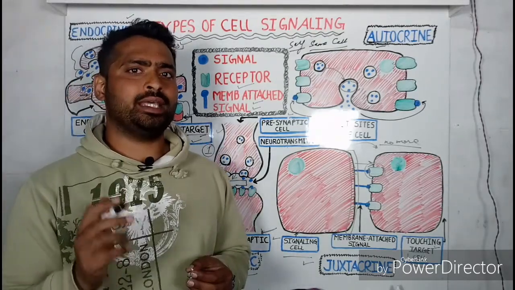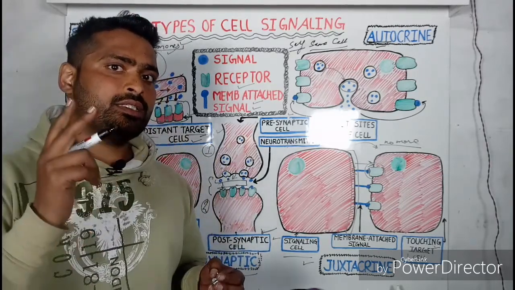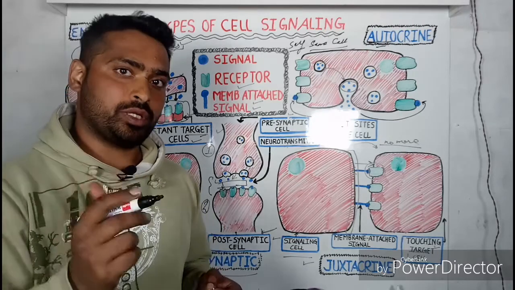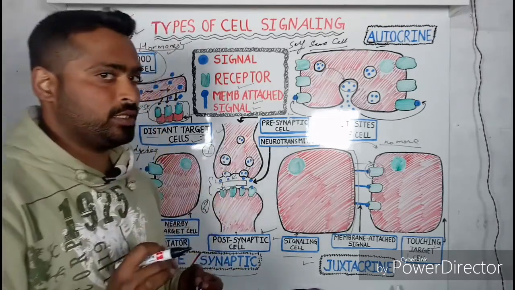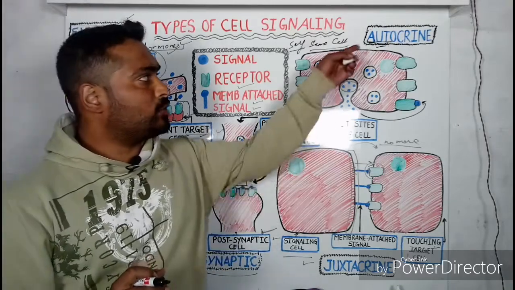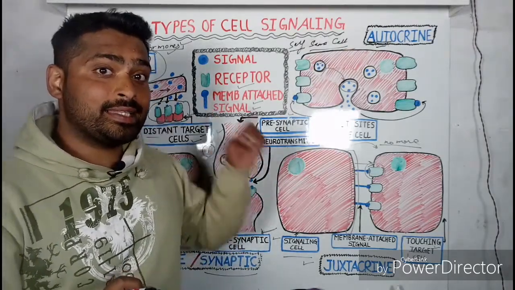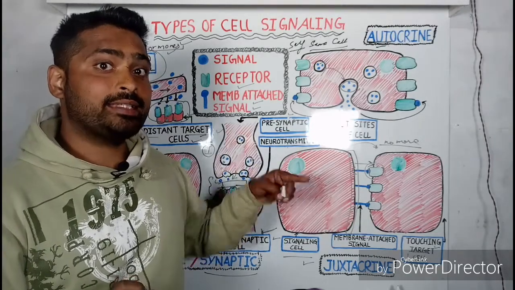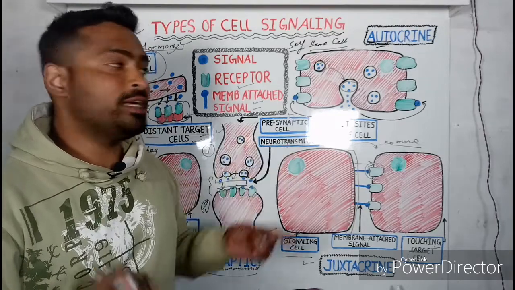The communication happens between two cells, that is the signal synthesizing cell and the signal responding cell. Here in autocrine, the same cell is synthesizing the signal, and that very same cell is responding to that signal.